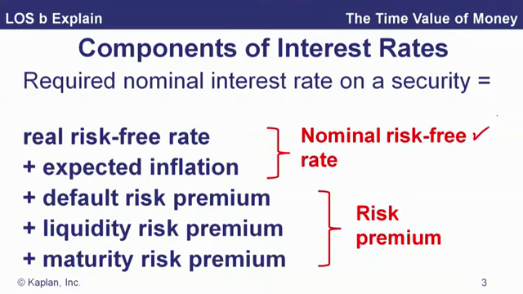So that's our liquidity risk premium right here. And the third premium we've got in here is a maturity risk premium. You can think about this especially with bonds. The longer the time to maturity, the more you've locked in a given rate for a period of time. And most often in the market, there's a maturity risk premium for that. Higher yields, higher interest rates with longer term securities.